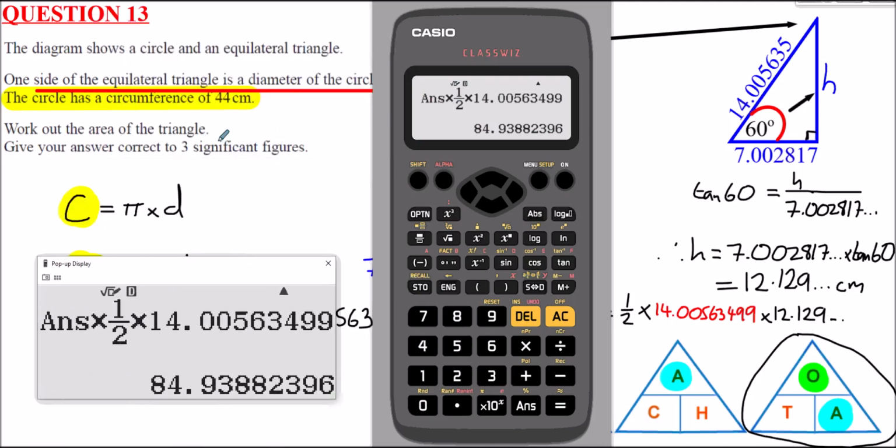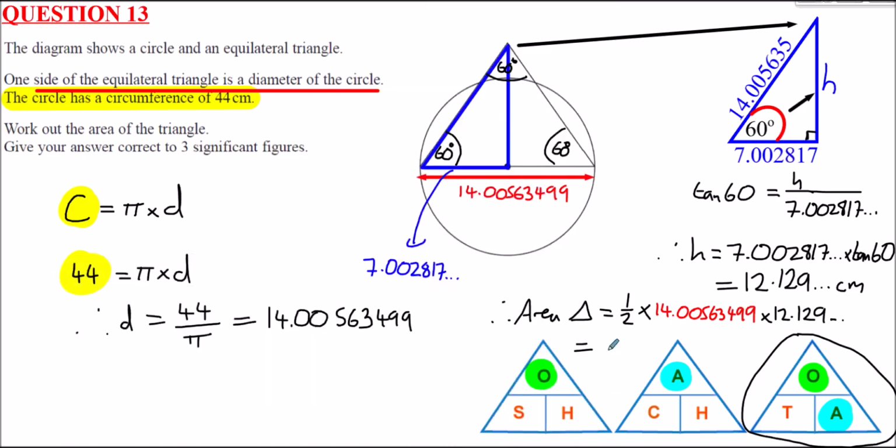I want this given to 3 significant figures. So I want to keep the first 3 non-zero digits, which are 8, 4, and that 9. That 9 doesn't round up because next to the 9 is only a 3, so we've got 84.9 centimetres squared. And we're done.